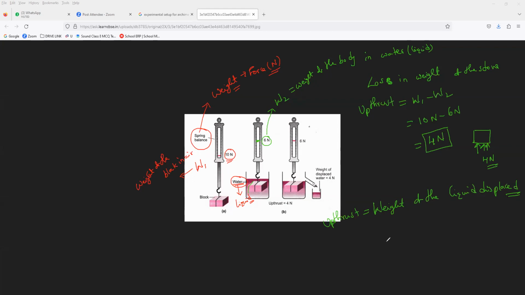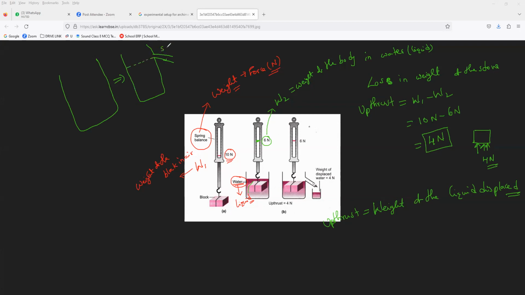So we have to collect the displaced liquid. We should not lose even a single drop. That is why I am taking a special container. See, this is a beaker. Now if I make a small modification to this beaker for special collection of liquid, a small opening, up to here I will take the liquid.